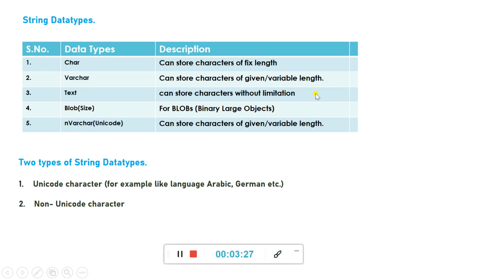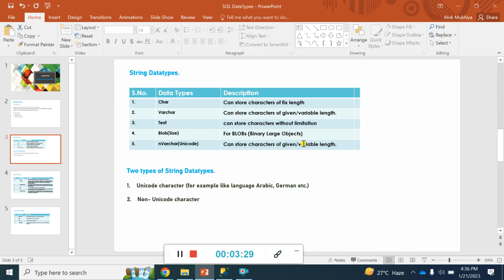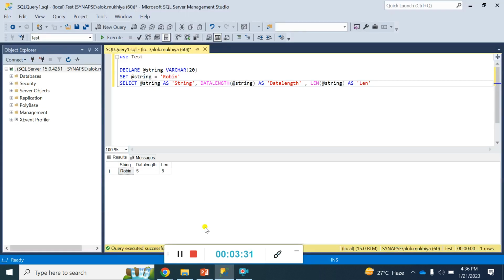So I'm going to SQL Server Management Studio. I already opened it, created a test database and used the test database. And I have already written some queries. We have declared a string and assigned the data type varchar with a value of 20, and set the string.